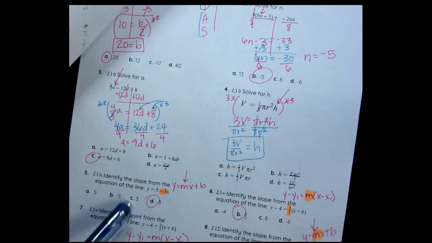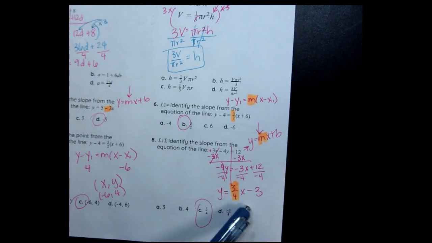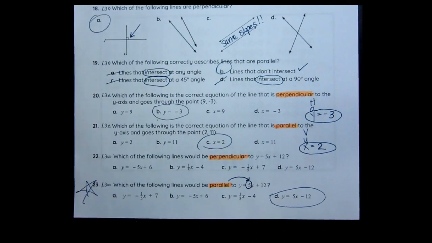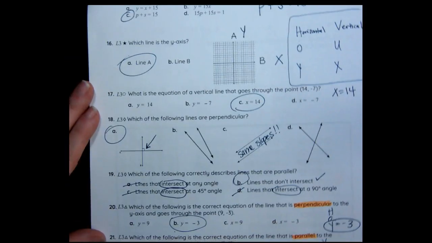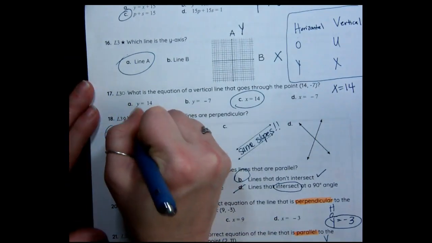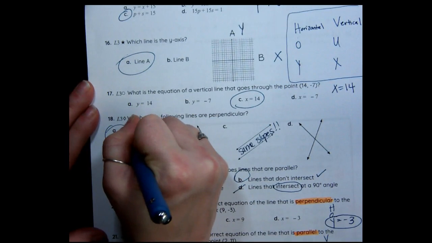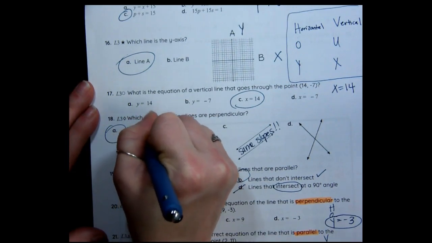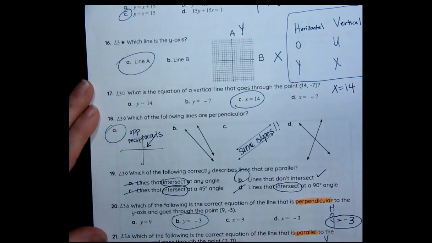So that's why we asked you this question up here, right? And down here. You have to be able to identify slope so that we know how to interact with it when we're parallel or perpendicular. All right, which of the following would be perpendicular? So here's what we learned about perpendicular. They are opposite reciprocals. So what does that mean?